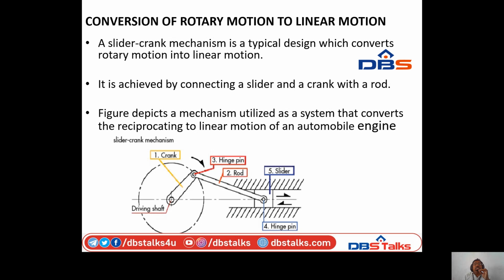It is achieved by connecting a slider and a crank with a rod, okay, crank and slider. The figure explains a mechanism utilized as a system that converts the reciprocating to linear motion of the automobile engine.